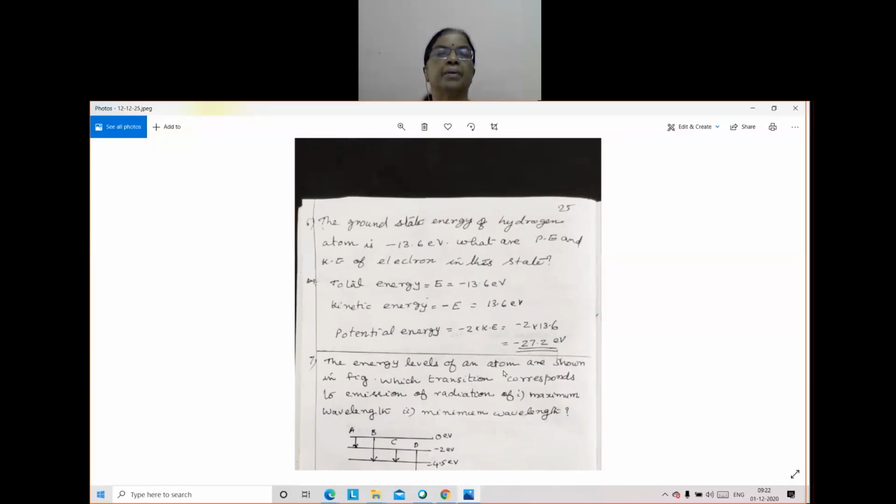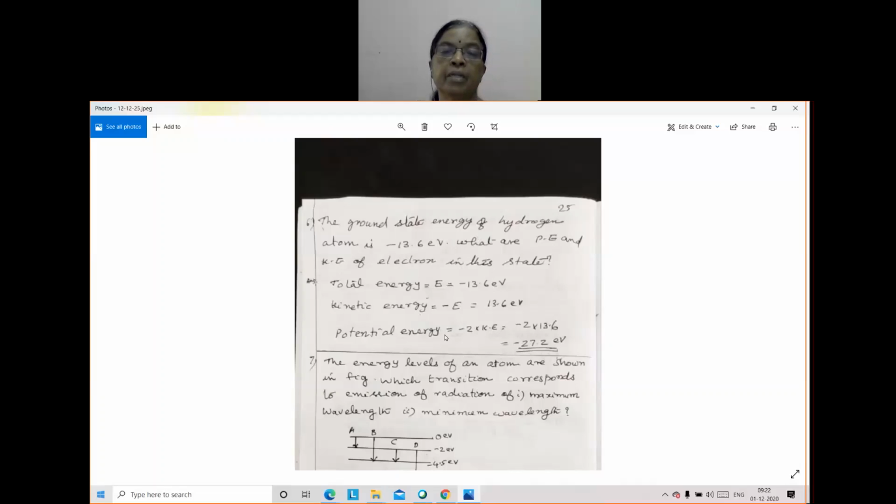The ground state energy of hydrogen atom is minus 13.6 eV. What are the potential and kinetic energy? So this energy of an electron in the Bohr orbit we have already calculated, minus 13.6 eV. What is the relation connecting potential energy and kinetic energy? That is very important.